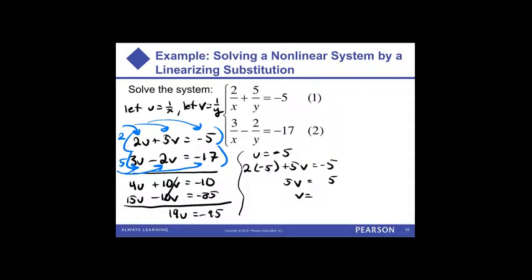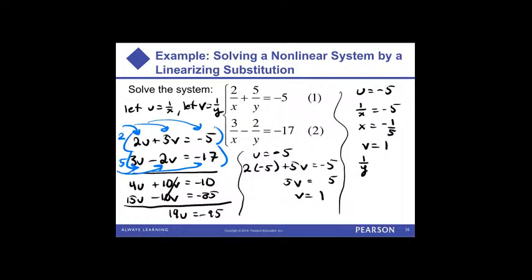So then let's kind of work over here. If u equals negative 5 and u equals 1 over x, that means that 1 over x equals negative 5. So that means that x equals negative 1 over 5. If v equals 1 and v equals 1 over y, that means that y equals 1.